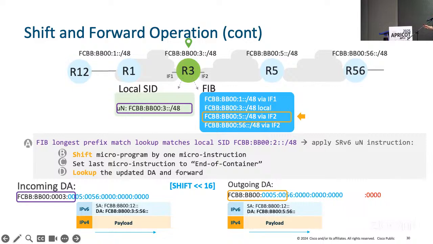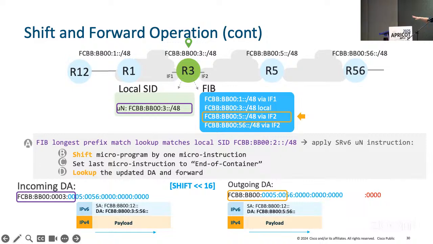So basically, once I know the packet is sent to me, I'm going to shift on the left side by 16 bits, and then my next hop shows up. And then I do the lookup, right? My forwarding table will tell me which interface router 5 is going out of.